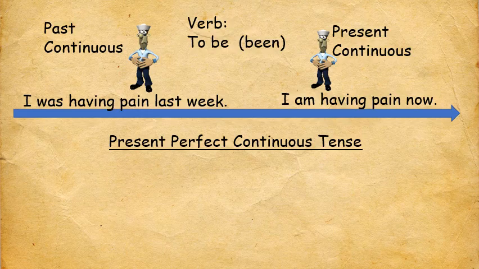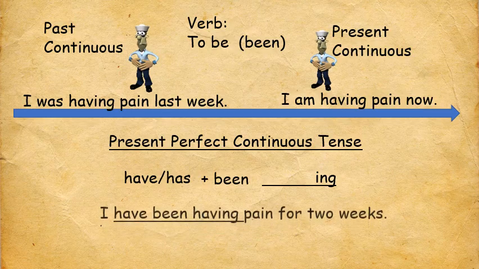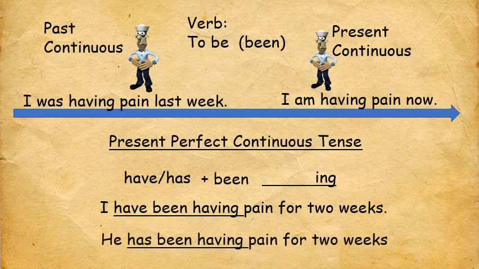Present perfect continuous tense, the verb have or has plus been plus the continuous form of the verb. I have been having pain for 2 weeks. Or, he has been having pain for 2 weeks.